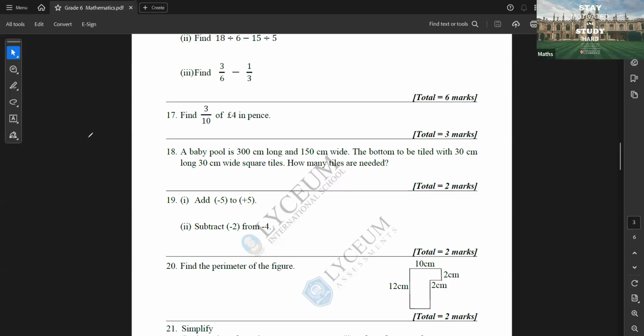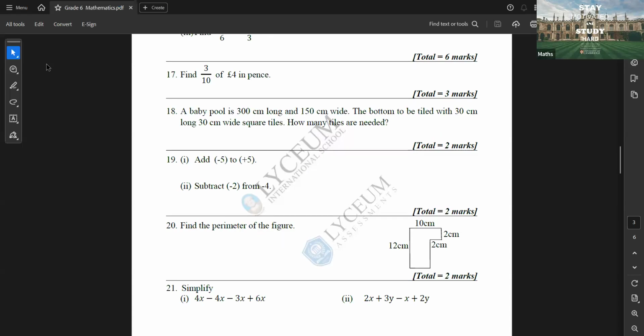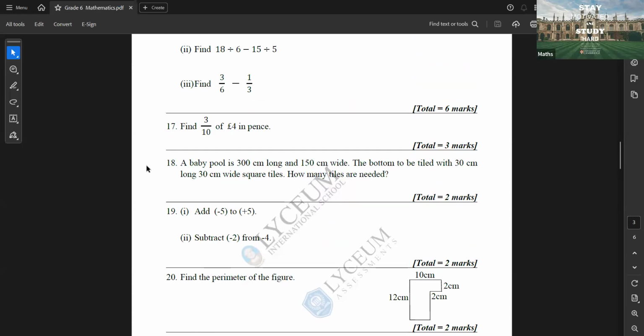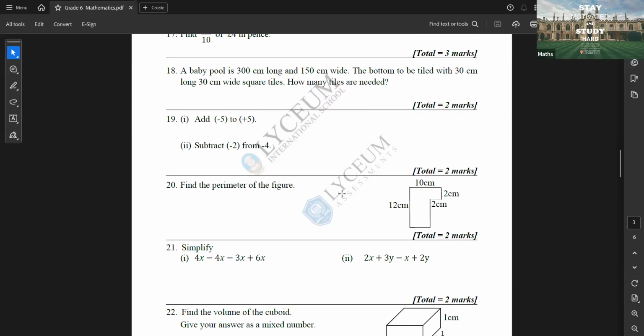So guys, this is a practical question we do in our day-to-day life as well. Think about your house. There is a new area you thought of tiling, so you need to buy tiles for it. Before you go to the shop, you have to measure the length and width and find the area.